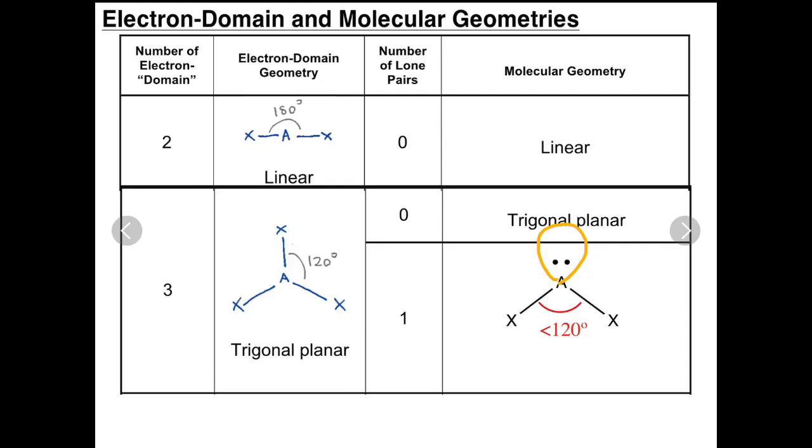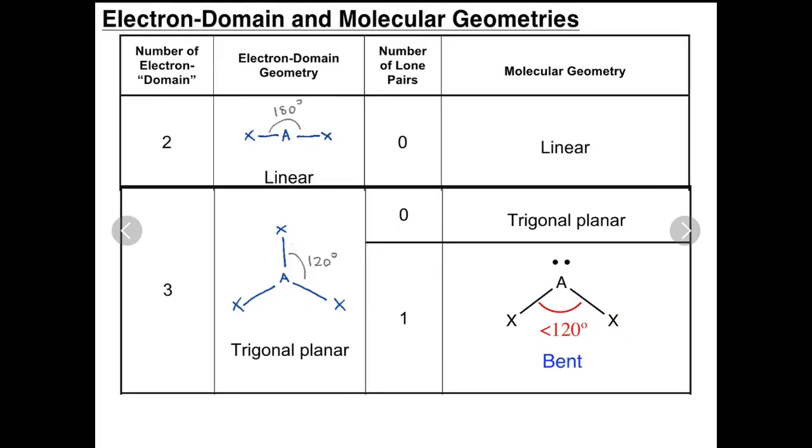So the bond angle would be less than 120 degrees. How much? You don't have to know, just know that it's less than 120 degrees. Because the molecular geometry omits the lone pair, the shape between X, A, and X looks like bent.